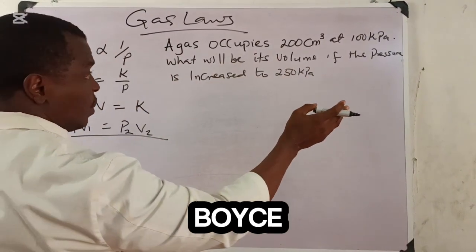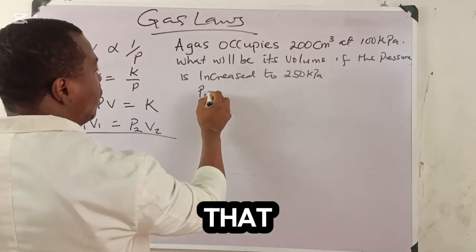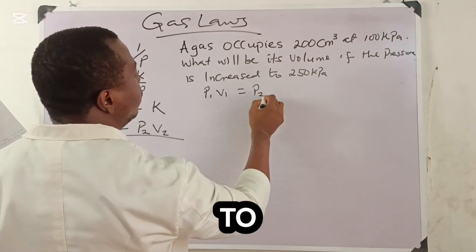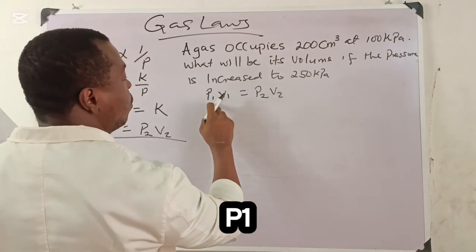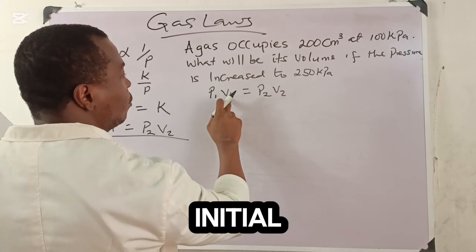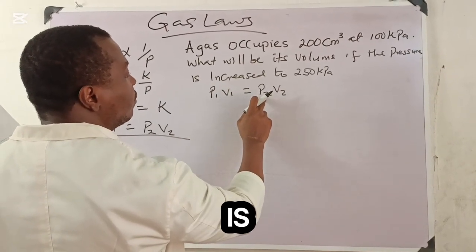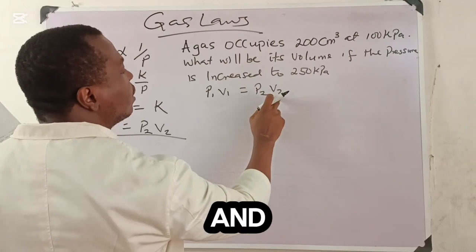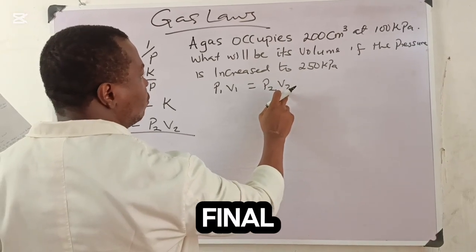Now, this is Boyle's law. And we have said that P1V1 is equal to P2V2, where P1 is initial pressure, V1 is initial volume, P2 is the final pressure, and V2 is the final volume.